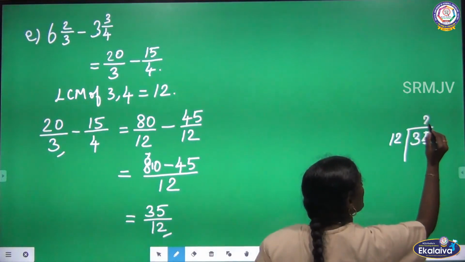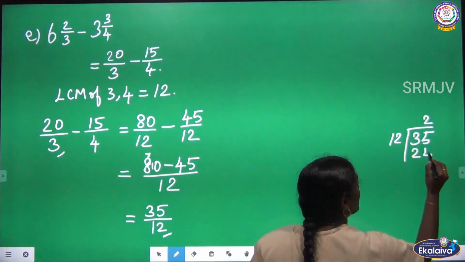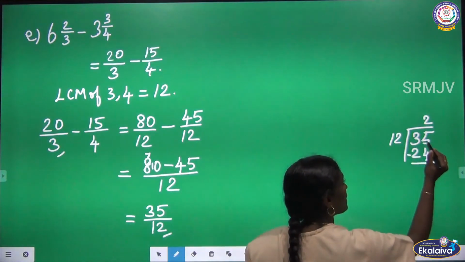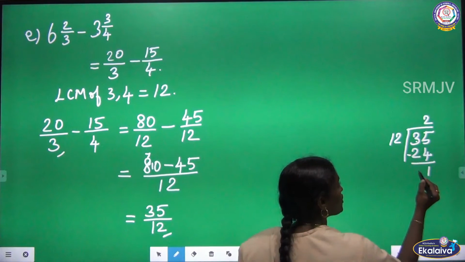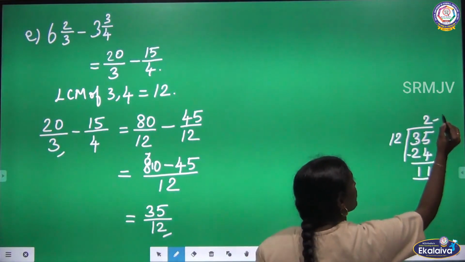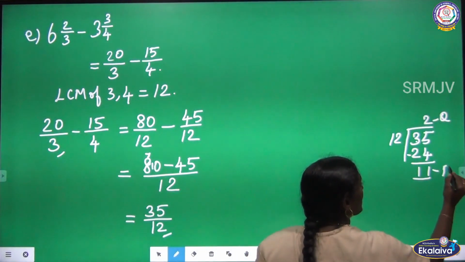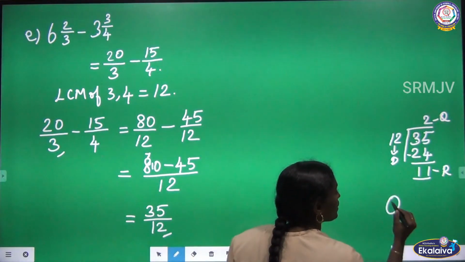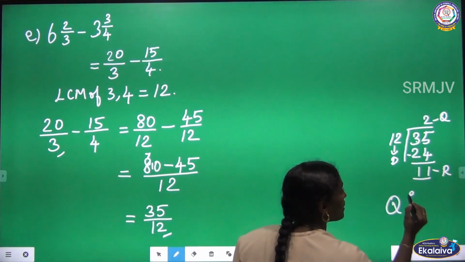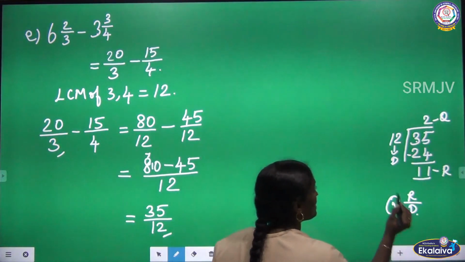So we are going to take 2 times 24. While subtracting, 5 minus 4, that is 1. 3 minus 2, 1. So the quotient is 2, remainder is 11 and divisor is 12. So we are going to write it in the form of quotient, remainder by divisor.